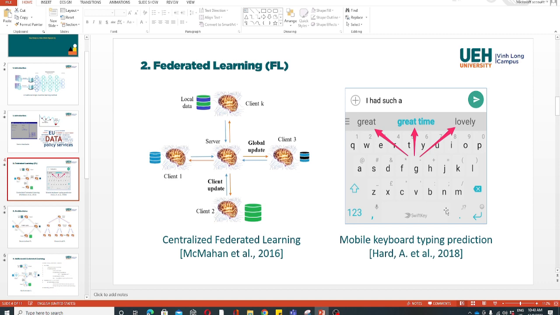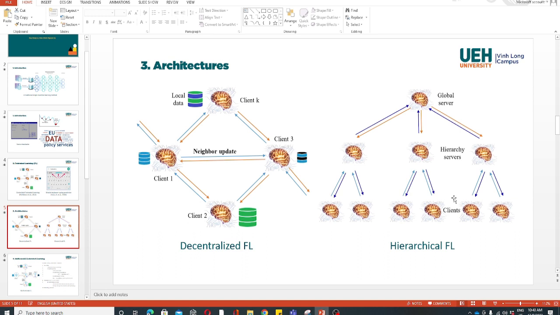For training such a huge mobile keyboard application, they trained with more than 2 million mobile phones around the world. So the communication cost and the processing time take very long. So I think we should change to the hierarchical architecture. Yes, I think. Thank you.